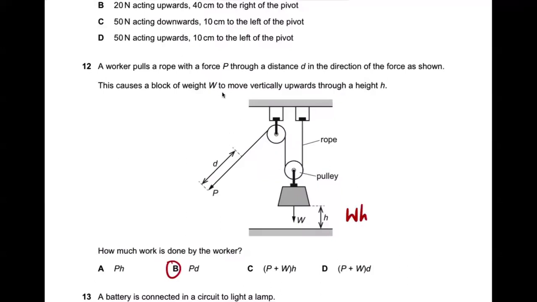So this W also moves through this height H, so PD or WH would be a correct answer. But for WH, the examiner would also give you something that indicates 100% efficiency, right? So no energy losses. So he would say something like this, that the pulleys are frictionless or something. So in that case, the answer could also be WH.